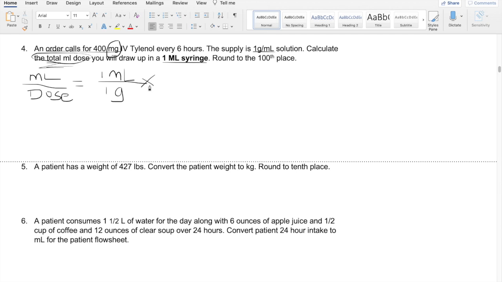So we're going to have to convert that. Just always remember that 1 gram is equivalent to 1,000 milligrams.